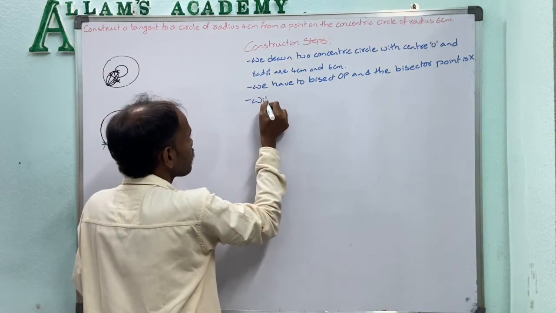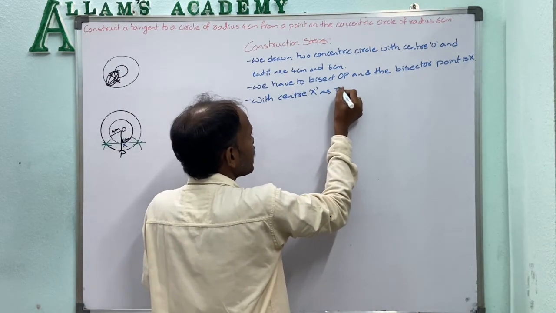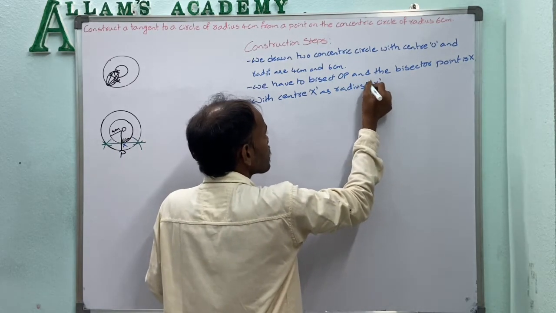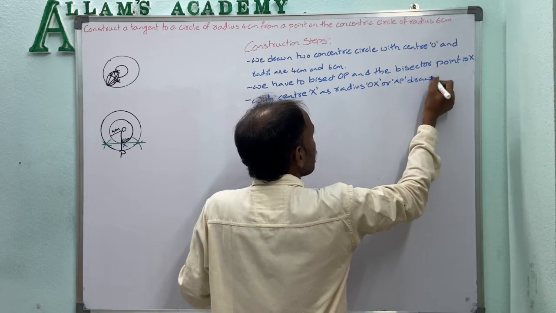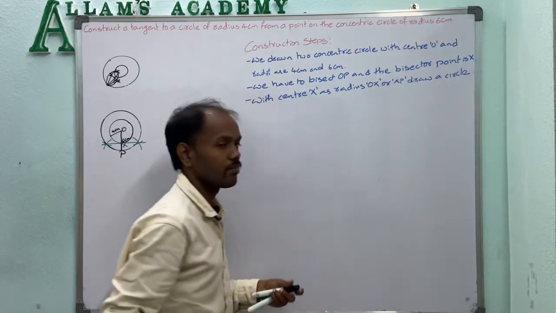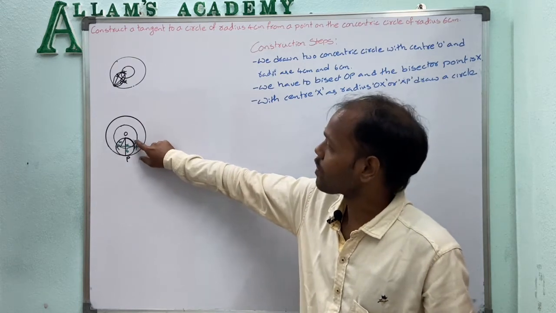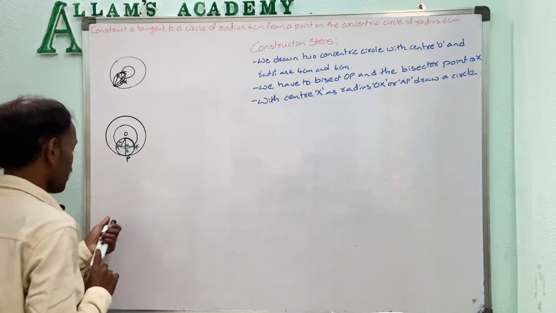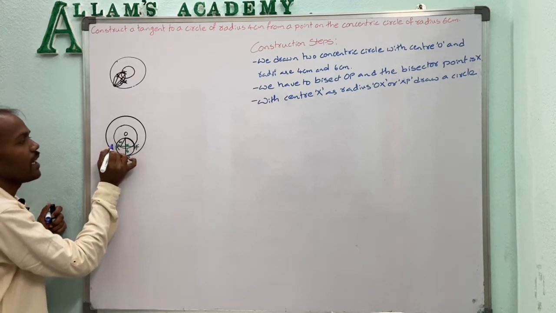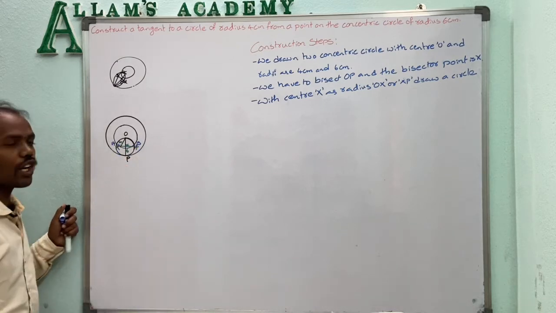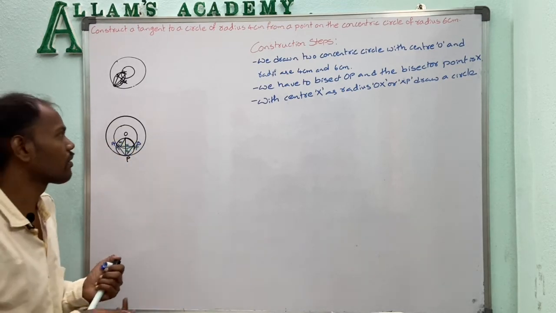The bigger circle drawn now touches the smaller one at the points A and B. Now join PA and PB. These PA and PB are our required tangents.